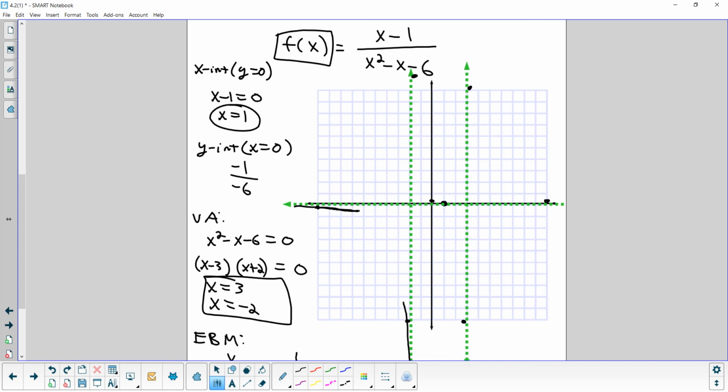So you're heading to the right, and then all of a sudden, it can't keep going to the right because it runs into that asymptote, and it ends up going down like that. It's going to be kind of the same thing in the upper right. It's going to stay very close to the asymptote, and then as you try to start heading to the right, all of a sudden, it runs into another asymptote that forces it to curve that way.